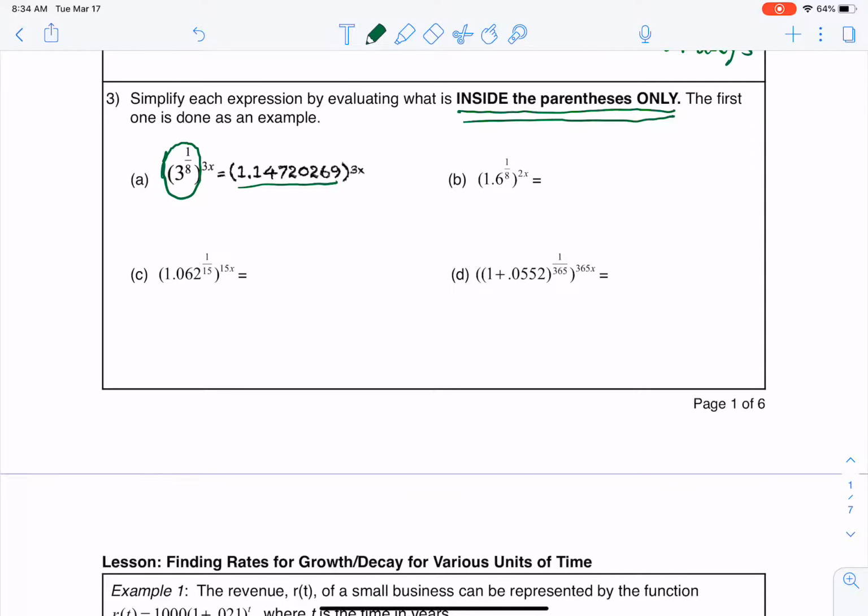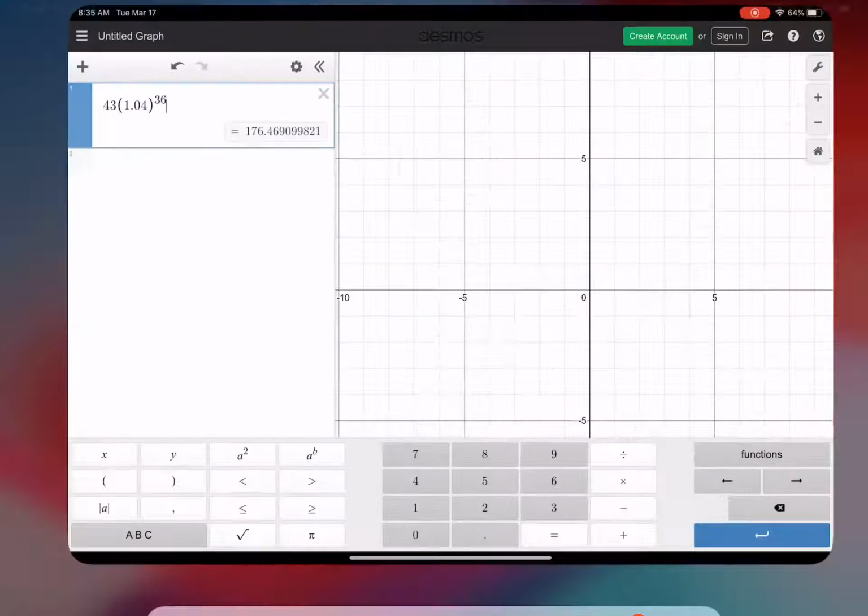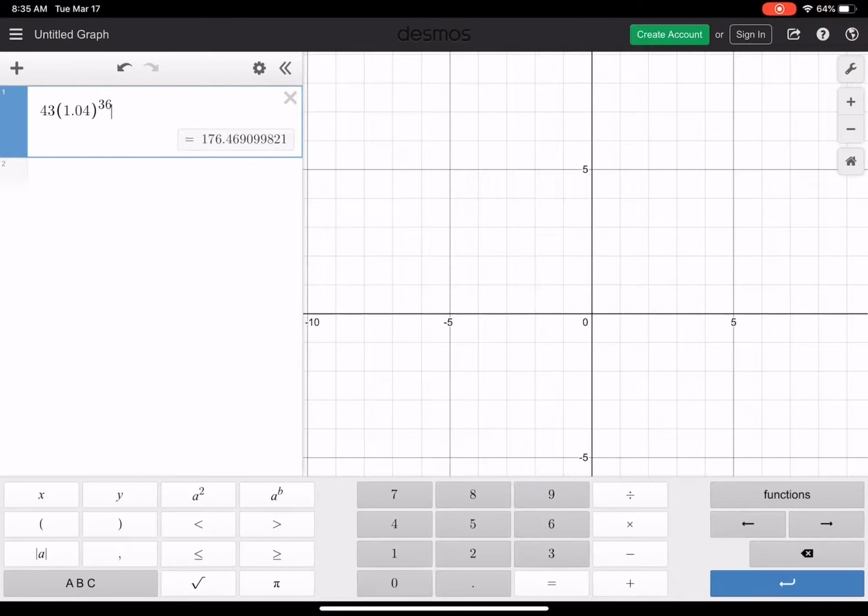All right, let's look then at part B of this question. Again, this is what I'm going to be inputting in my calculator. So let me go to Desmos. I'll X out what I have. That was 1.6 raised to the power of, and just to be careful, I'll put it in parentheses, 1/8. Close the parentheses.